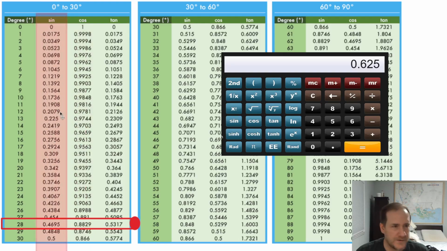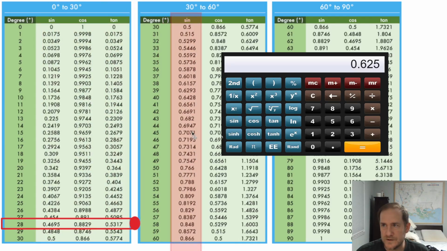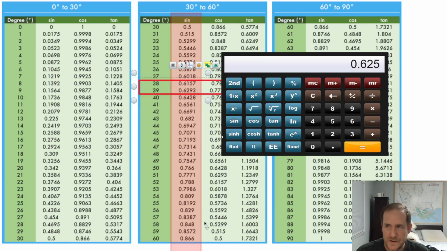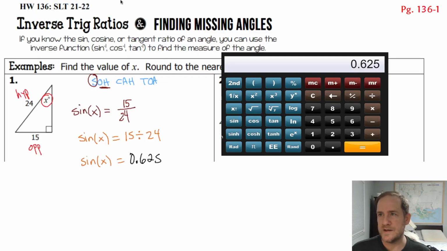If you're looking in the sine column for these first 30 angles, those are all too small. So hop over here. We're looking for 0.625 and I see it. 0.625 would be right here between 38 and 39. If you don't have a calculator, then you can just give me that window.